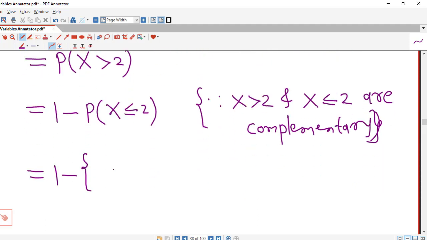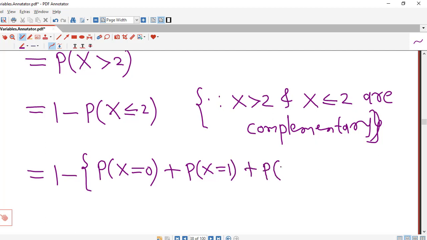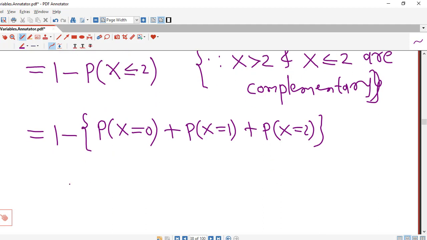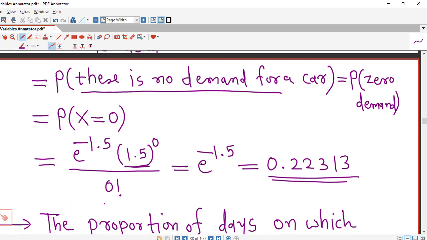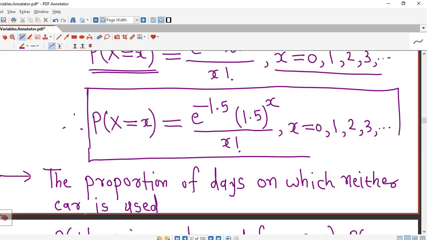So now this is nothing but the sum of probabilities starting from 0 up to 2. All these probabilities can be calculated using this formula. We put x equal to 0, 1, 2 respectively in this formula.